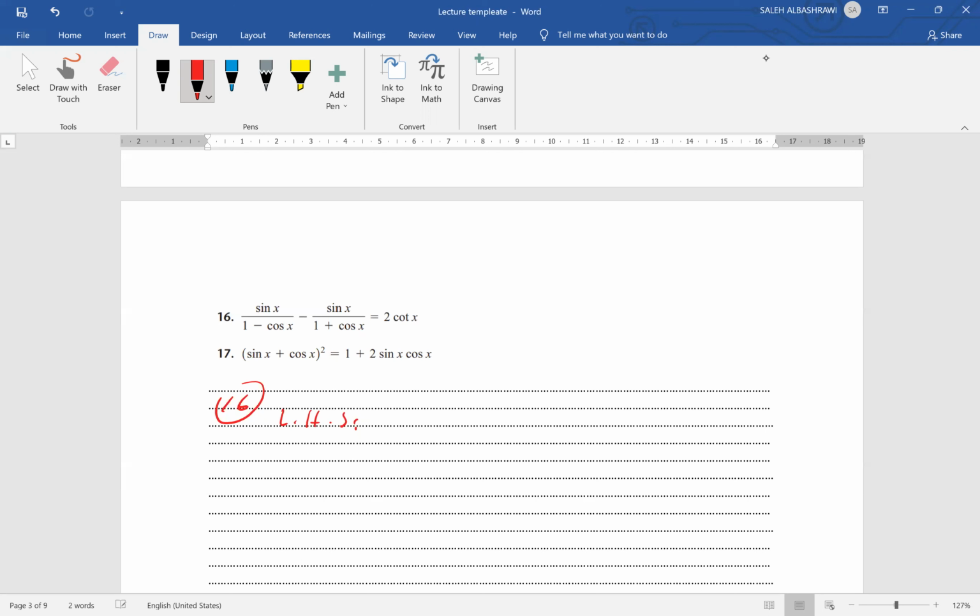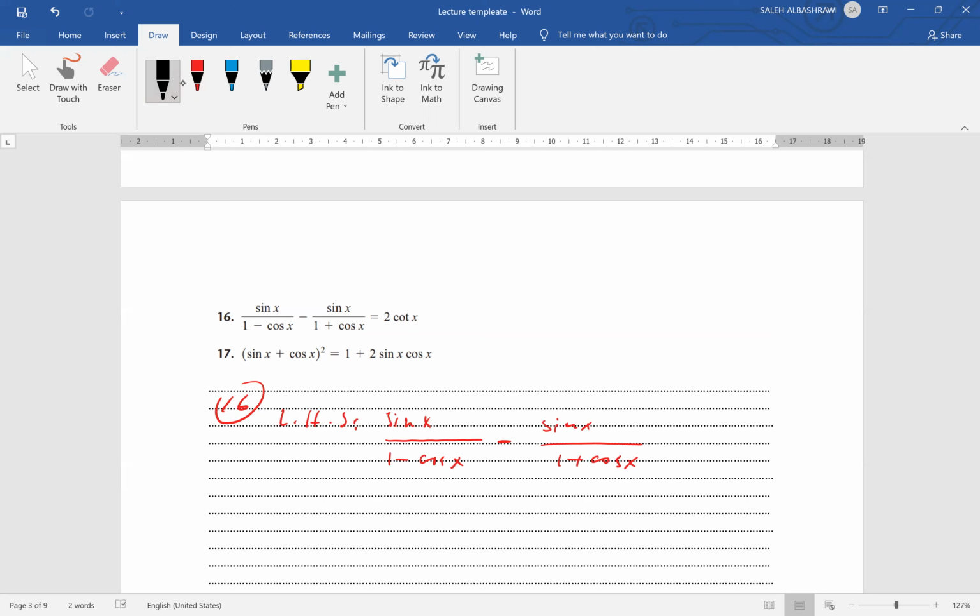I have sine x divided by 1 minus cosine x, minus sine x over 1 plus cosine x. To simplify it, I'm going to combine the two fractions.